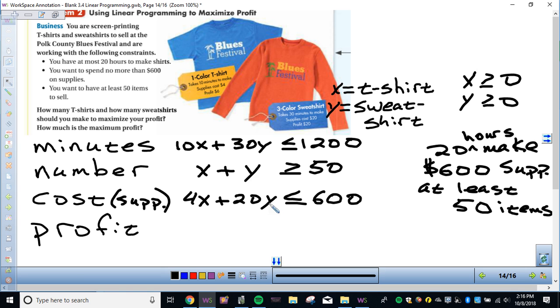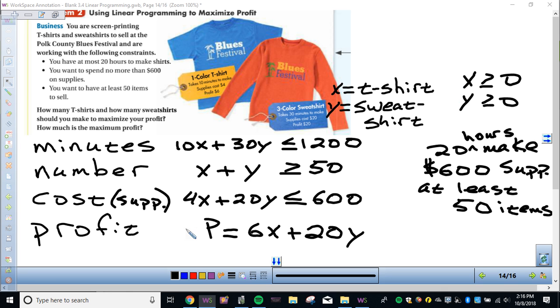Last, our profit equation. So what's the profit on a t-shirt? $6. Profit on a sweatshirt? $20. So you just get P equals 6x plus 20y. We're going to graph and shade the first 5 equations, so 1, 2, 3 from up here, plus these 2 over here, which force us into quadrant 1.